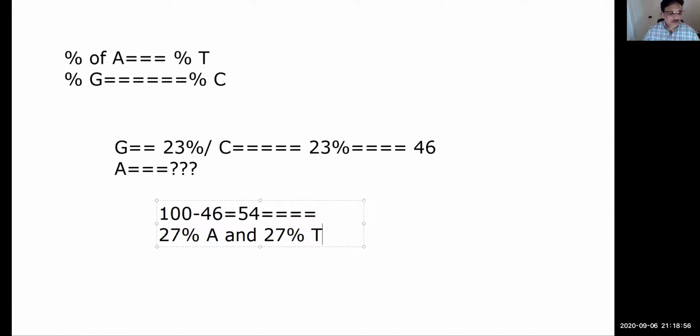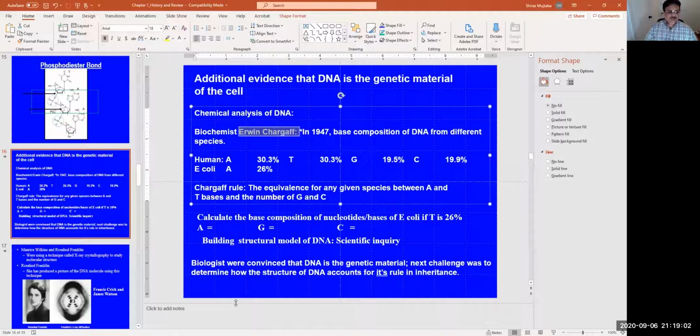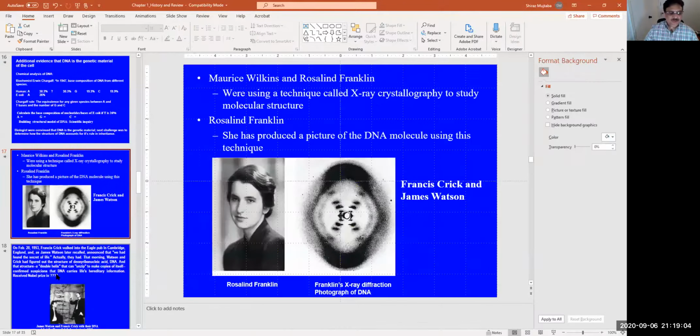Now, let's go into more detail on how the structure of DNA was discovered. Scientists around the world, mainly the research going on in the US and Europe, had confirmed that DNA is a double helical molecule.